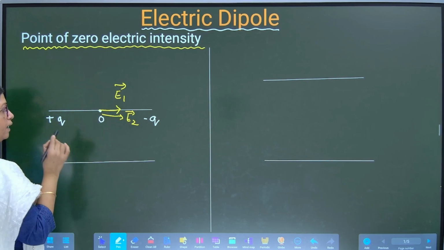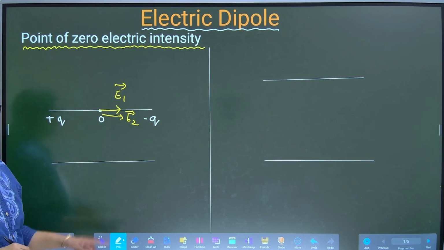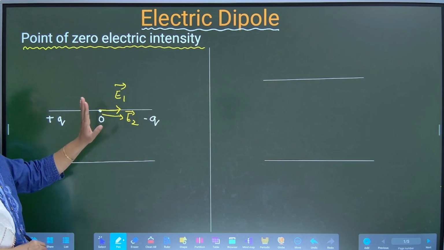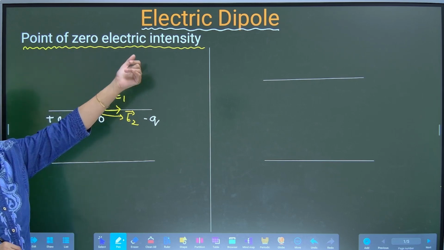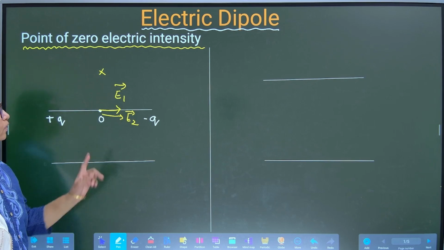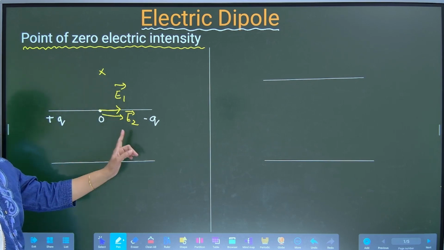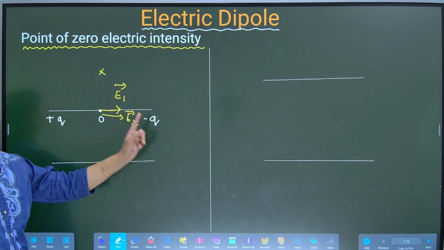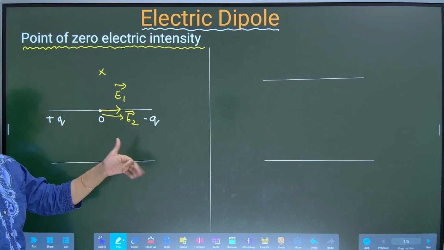So what does it mean? At the center, or between the two charges, we are not going to get electric field intensity zero. I'll just put a cross here. Why? Because E1 and E2 are both in the same direction for a dipole with the same magnitude.